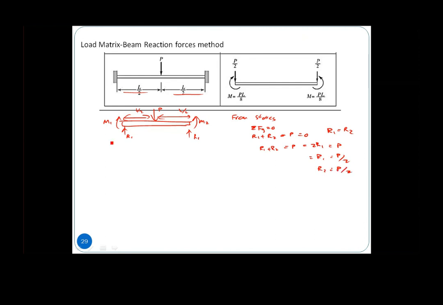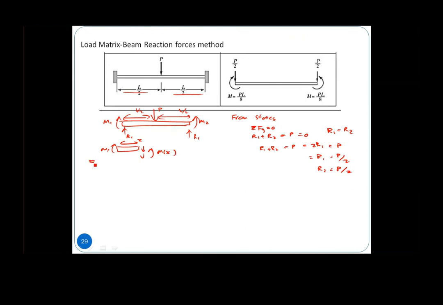Then we can look into this particular diagram. If I have M1, we cut into sections. We have this x, then our shear force V, and our Mx.